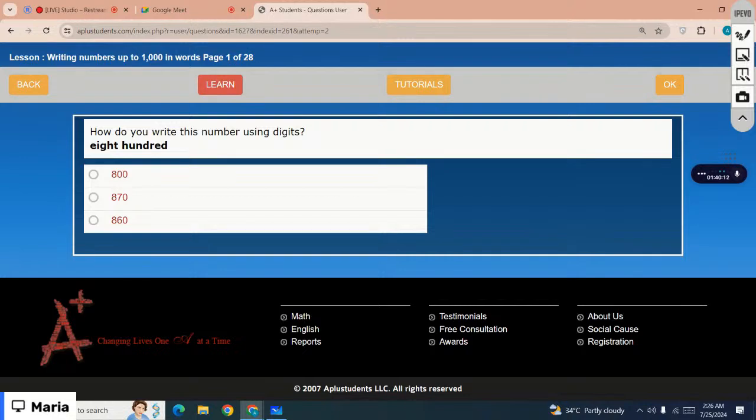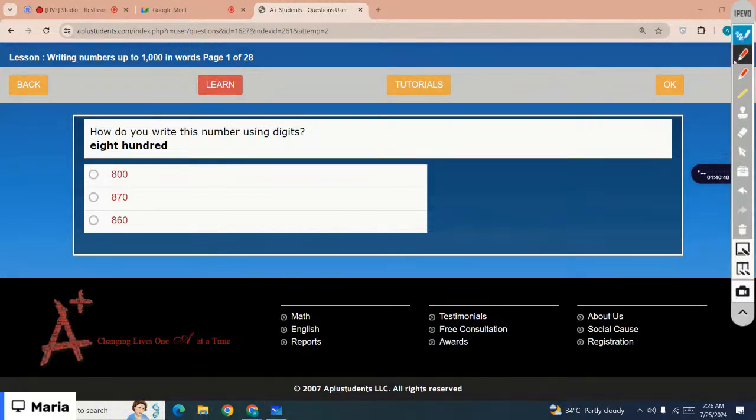How do you write this number using digits? 800. Which is the correct option? Let's just make a place value chart.